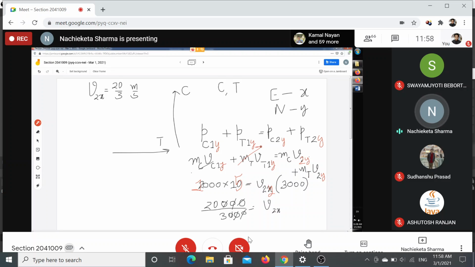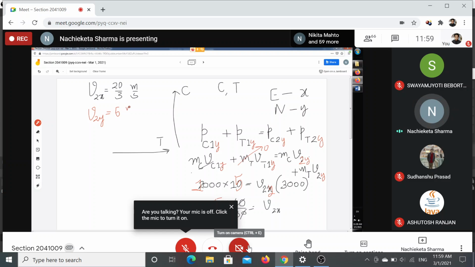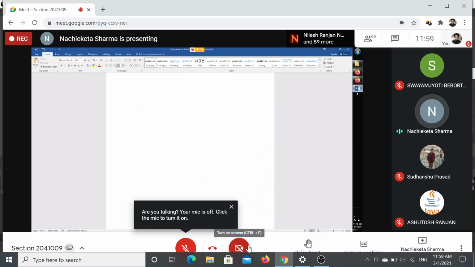This part is 0. So now you have got 15,000 in place of 20,000. 15,000 by 3,000 will be 5. So your v2y is equal to 5 meter per second.